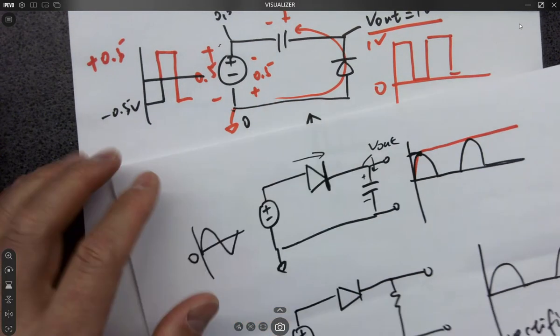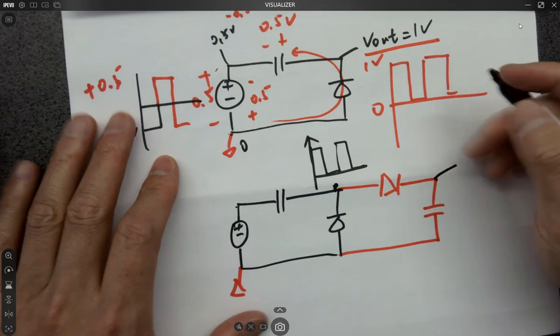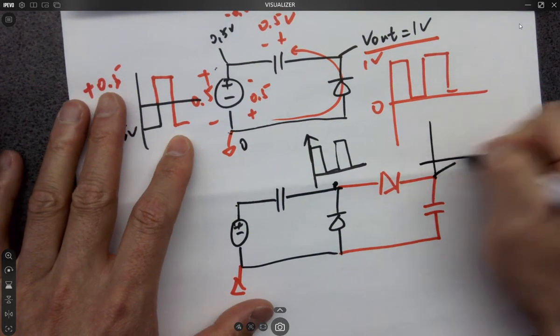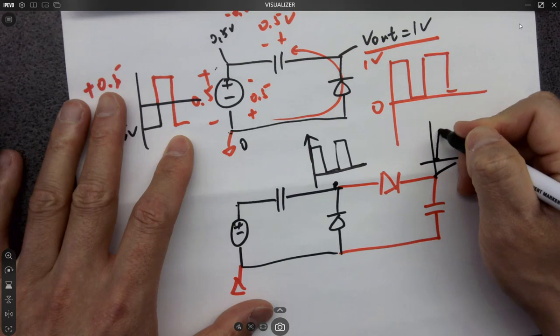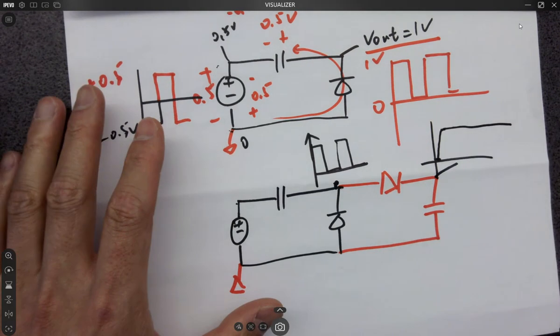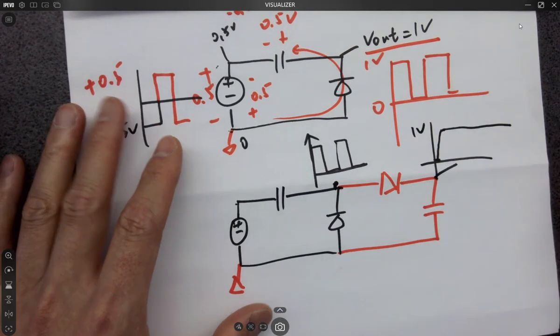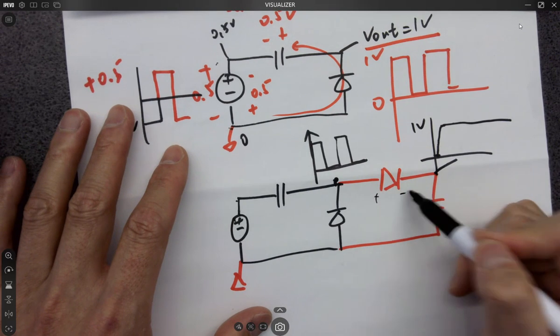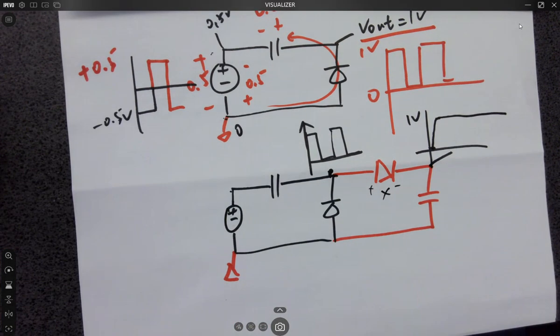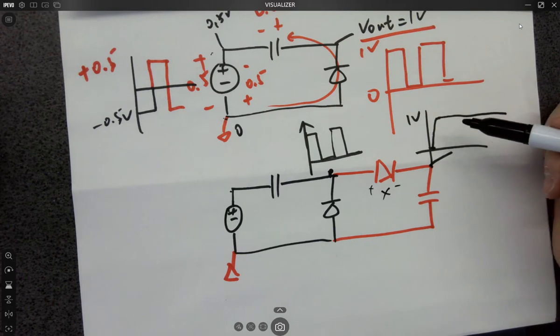So what's going to happen for the output here is it's going to become a DC voltage. So it's going to charge up here and then maintain as that 1 volt. It's very close to 1 volt if we ignore the drop here, right? So it'll be pretty much a 1 volt DC power supply.